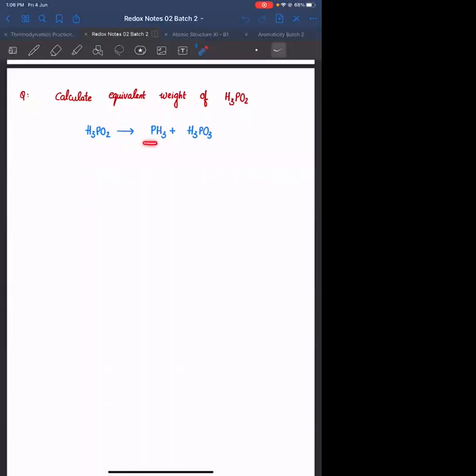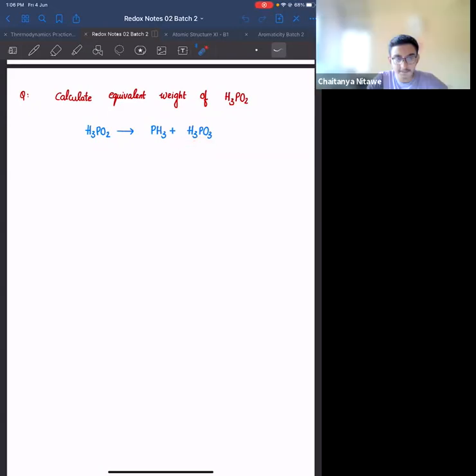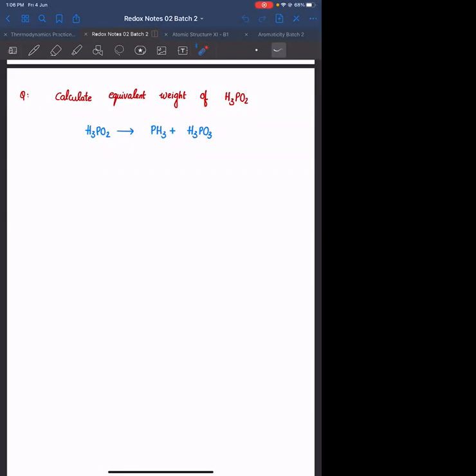Okay. PH3 में? -3. H3PO3 में? +3. So +1 converting into +3 and -3, it is a disproportionation reaction. So calculate the equivalent weight of H3PO2 in this reaction first.